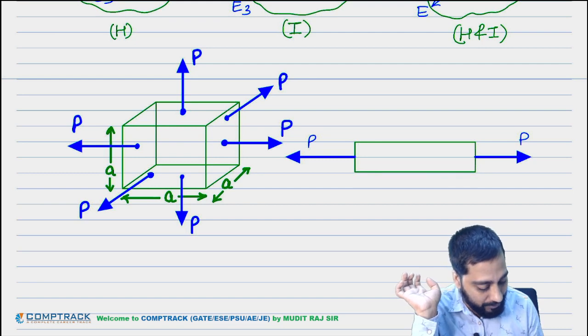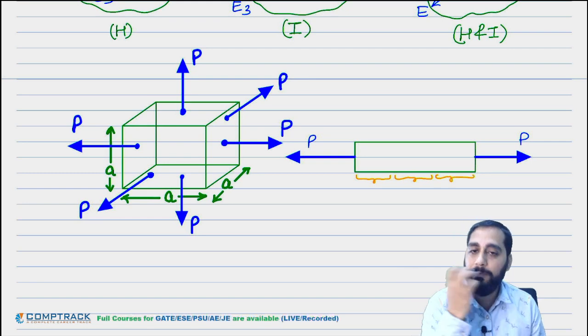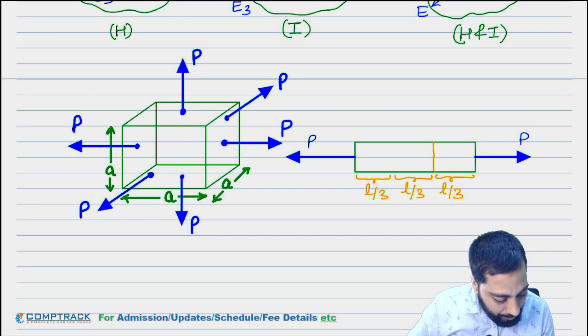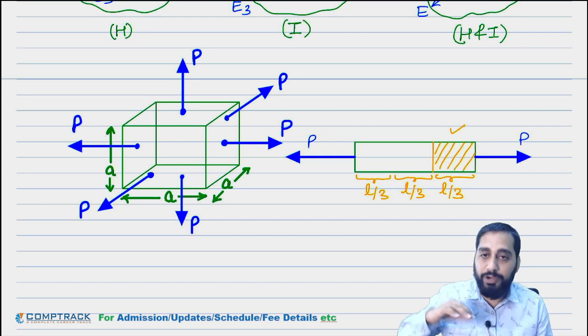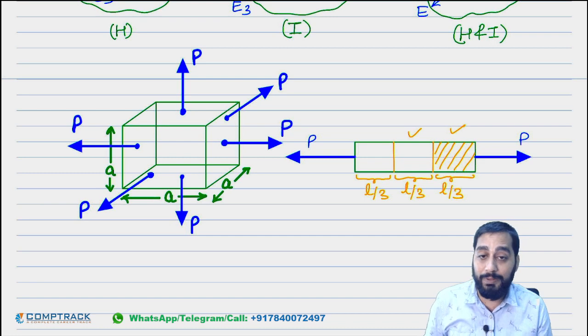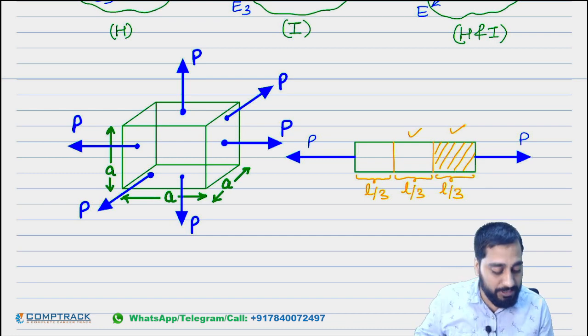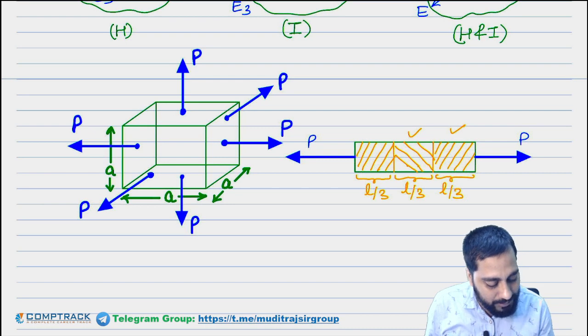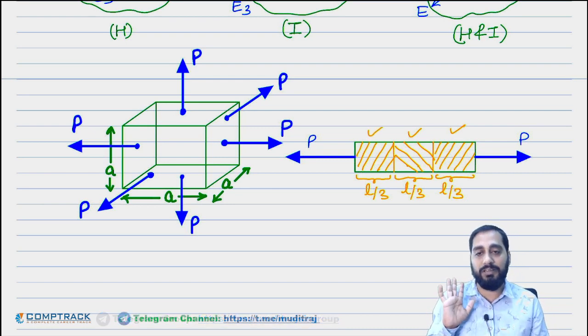Or if you consider three parts, each L by 3 should elongate by the same amount. It should not happen that this L by 3 is elongated more and this L by 3 is elongated less, if it is homogeneous. Homogeneous means whatever elongation is in this L by 3, the same elongation will happen in each other L by 3.